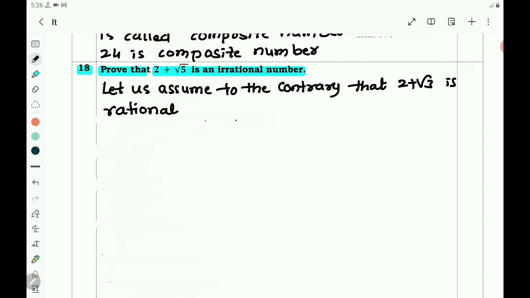So let us write, let 2 plus root 5 is equal to a by b.